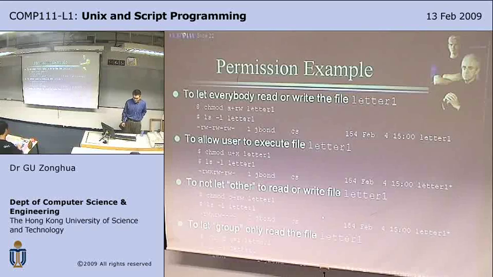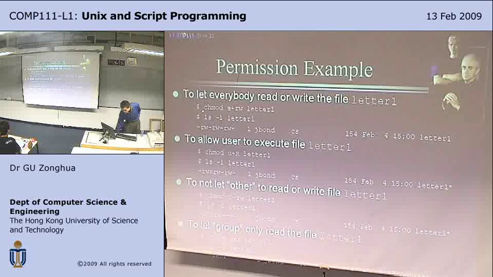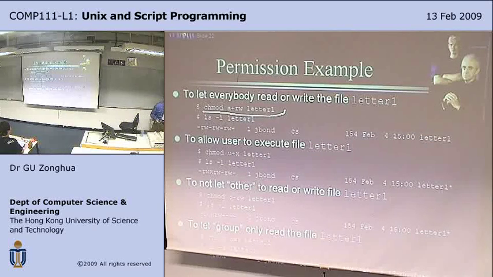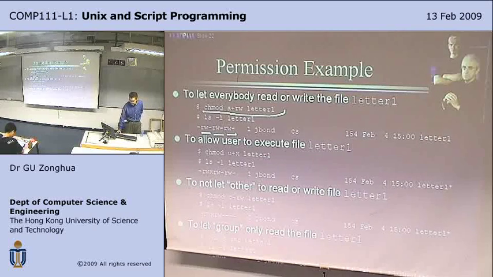So if you want to let everybody read or write a file, letter1, you can say chmod a plus rw, which means that all add permission read and write to letter1. So you can see all the 3 groups have RW permissions to the file letter1.